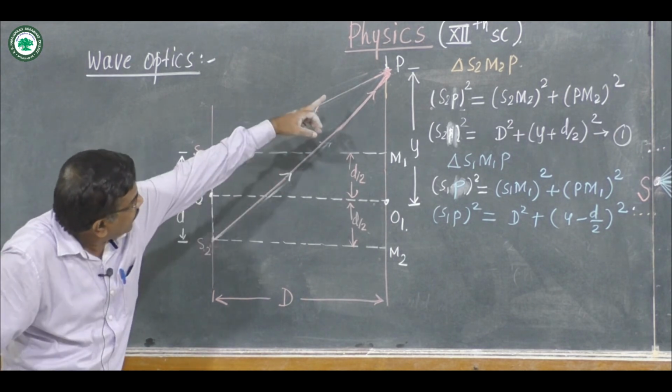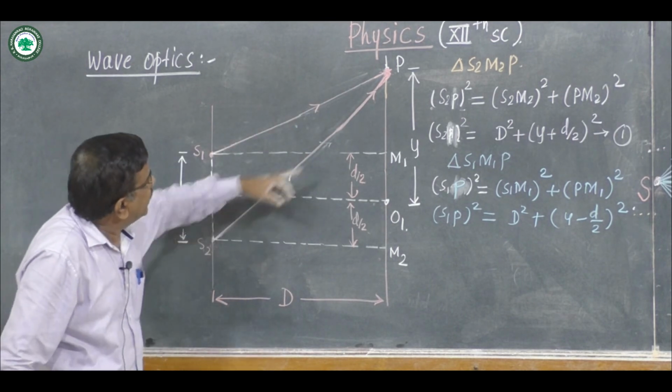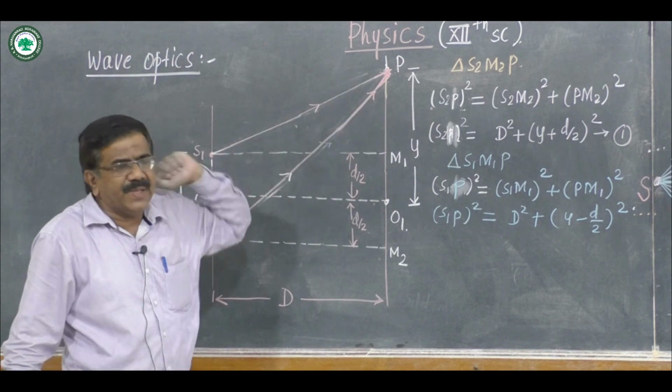Now the path difference between these waves reaching at P is S2P minus S1P.